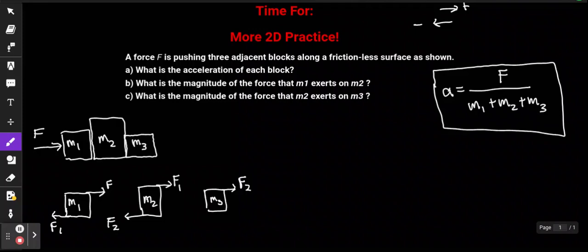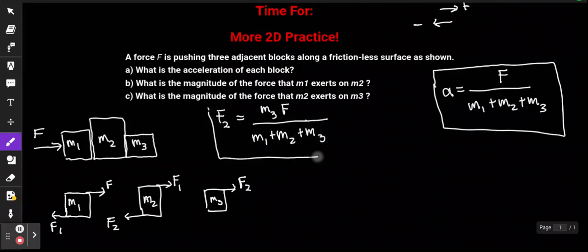So our F net is just F2 equals ma. Once again, we have our acceleration, which is equivalent for all three blocks. So ma would be equal to M3 times F divided by M1 plus M2 plus M3. So that would be the force M2 exerts on M3.